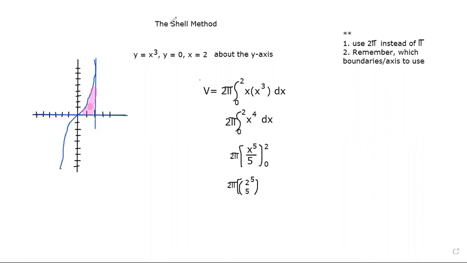I'm not going to really put this in there because we know 0 to any power simply yields 0, just to save a little time here.